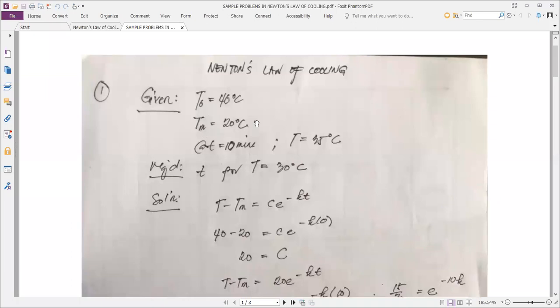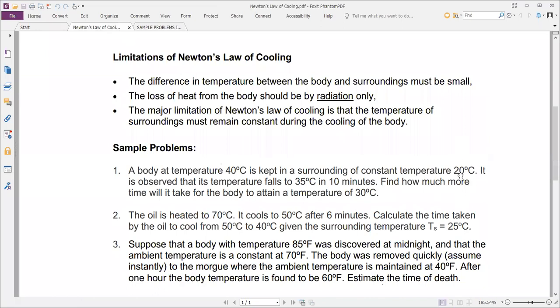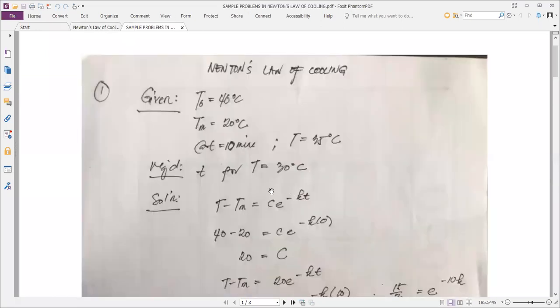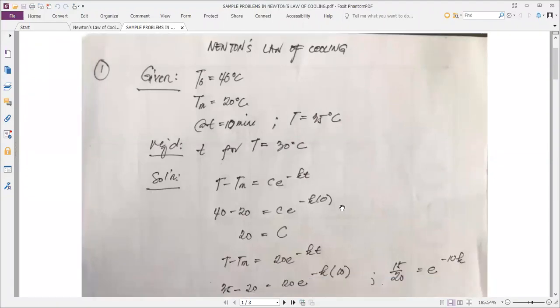The surrounding medium temperature was already stipulated in the problem to be 20. And it was noted that after 10 minutes in these surroundings, the temperature decreased to 35. So you are required to find how much more time for T to reach 30 degrees Celsius. You have to make use of the conditions initially stated.